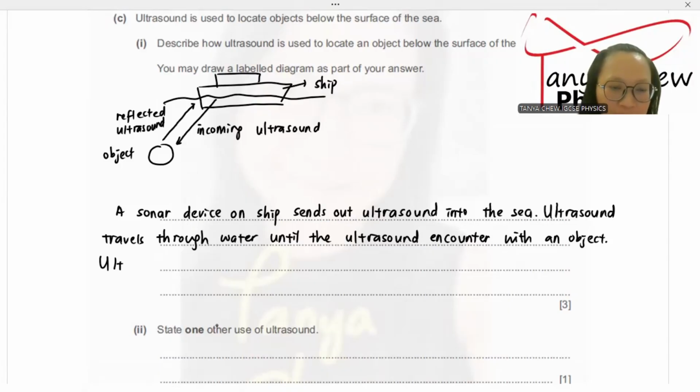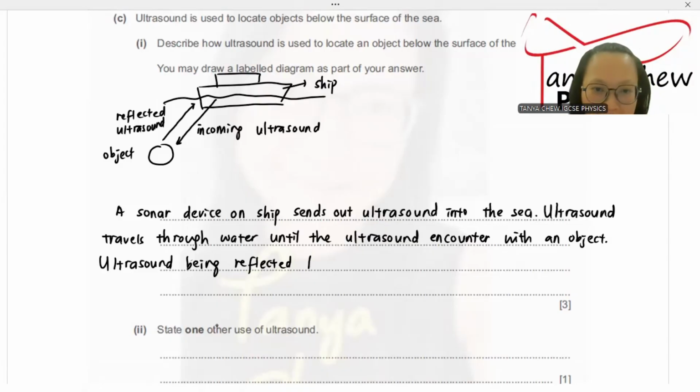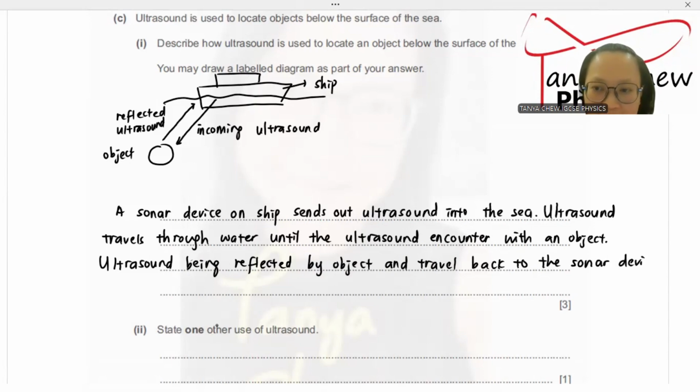And this, what happened after that? This ultrasound is being reflected by the object and travels back to the sonar device, and the sonar device detects the echo.